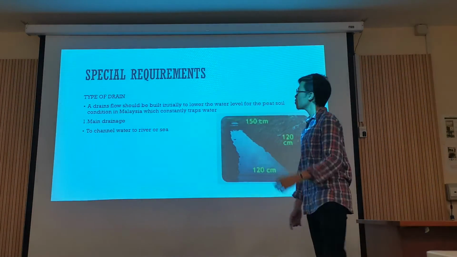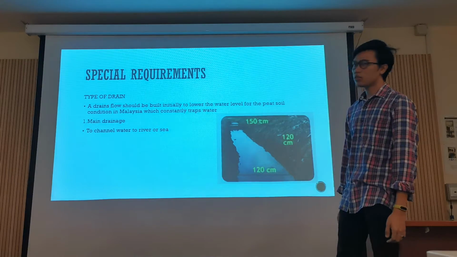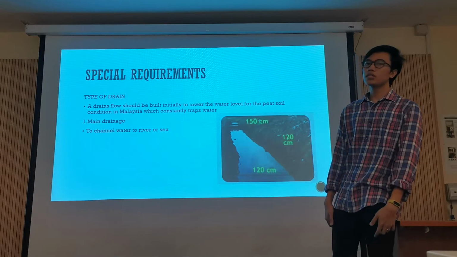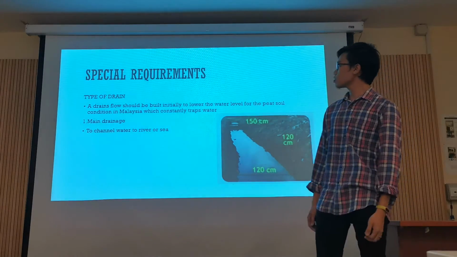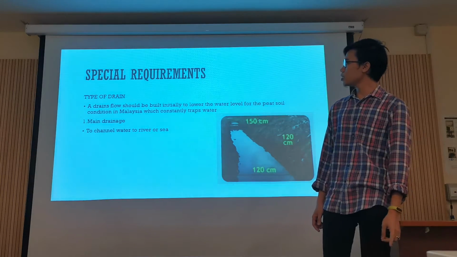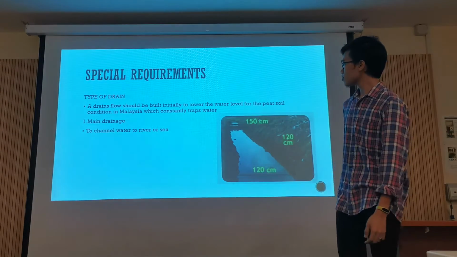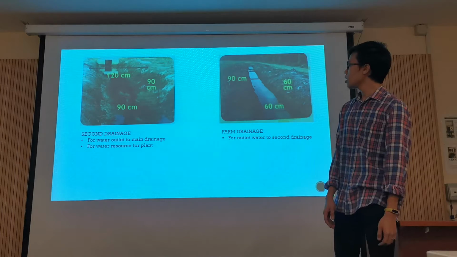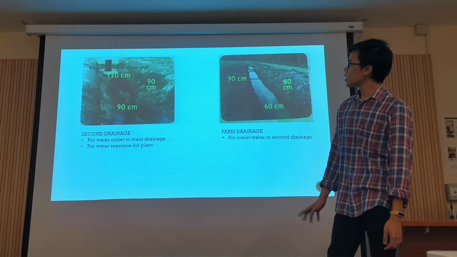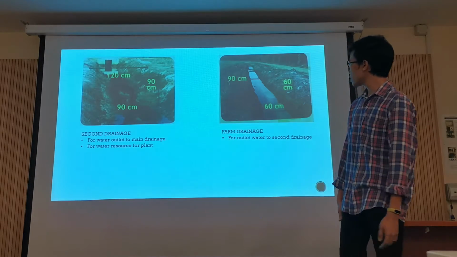Special requirements for pineapple. First, the type of drain. A drain should flow inward initially to lower the water level for the peat soil condition in Malaysia, which constantly traps water. First is the main drainage, to channel water to the river and to the sea. Next is the second drainage, for water outlet to the main drainage and as a water resource for the pineapple plant.